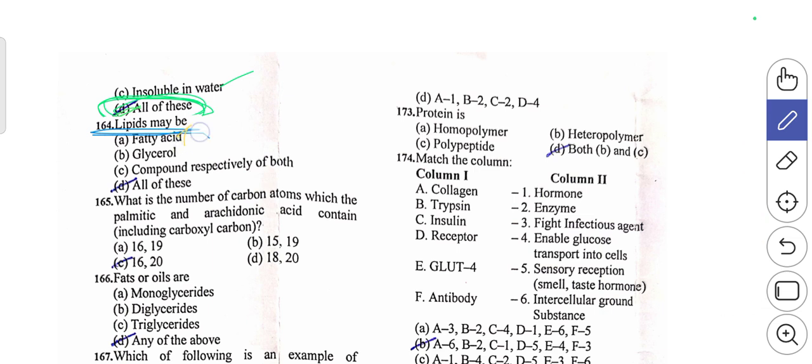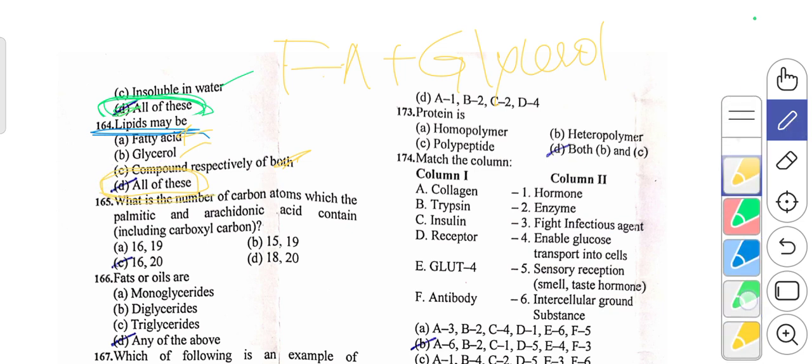So first one is fatty acid. It is true. Glycerol is also true. Compound respectively of both. As we all know, lipid is considered as fatty acid plus glycerol. So this one is true regarding this statement.